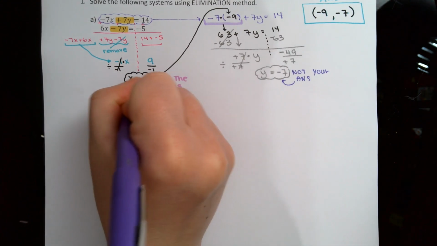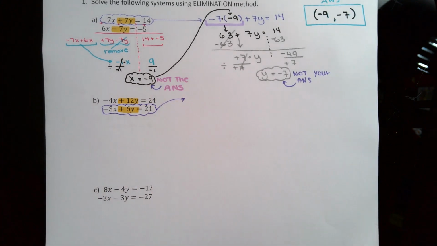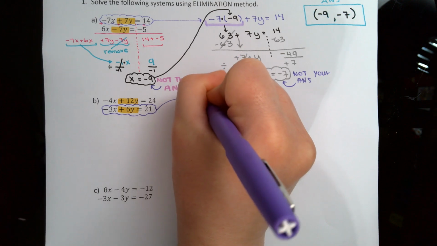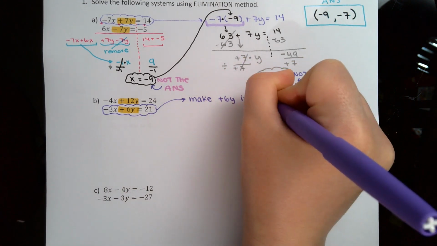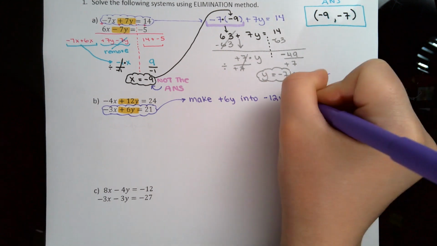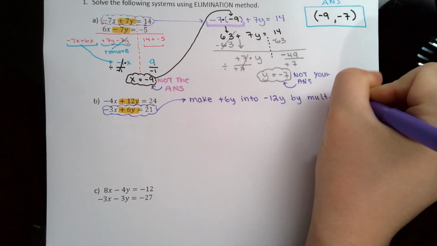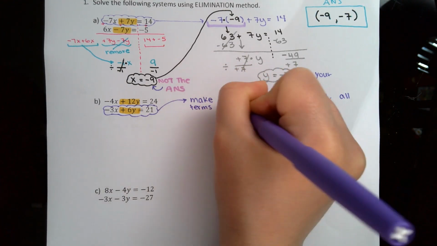So that means I'm going to select this bottom one to kind of work with first. And I'm going to make a positive 6y into a negative 12y by multiplying all terms by a negative 2.